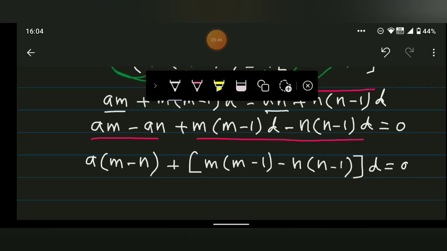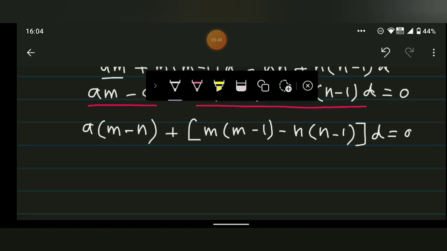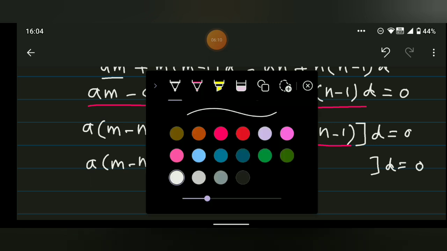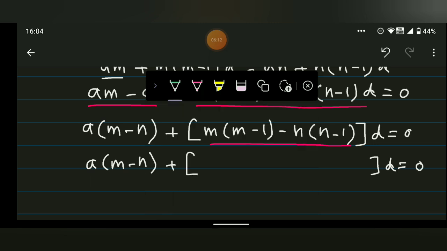The next few steps will be the calculation in this second bracket only. The rest of the things remain as they are. So a in the bracket m minus n, plus d in a bracket, and now we have the calculation inside.